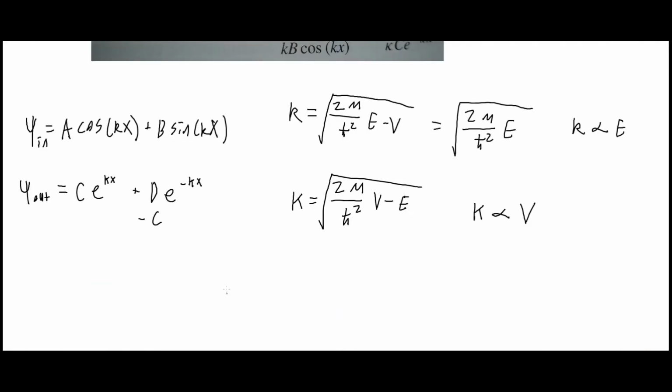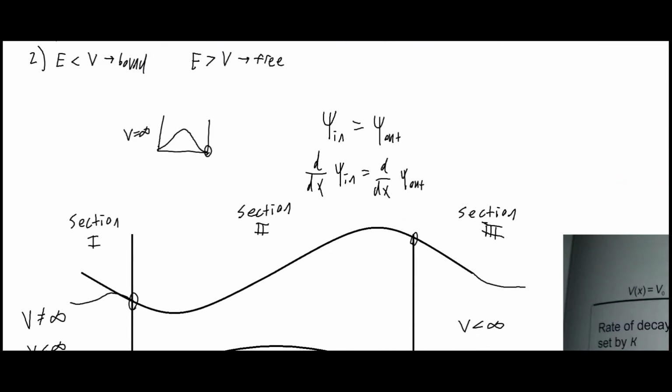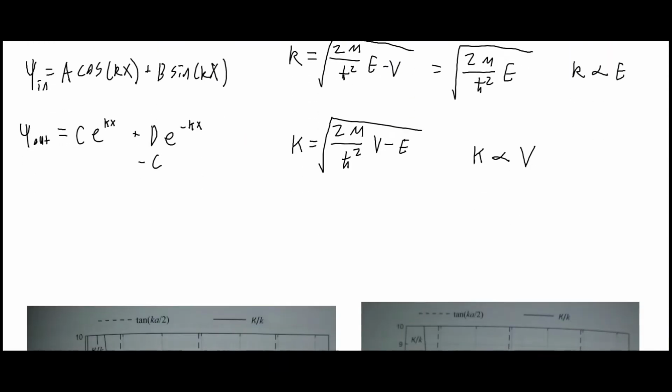And so, as I said, we wanted it to be the case that psi inside and psi outside are equal, and the first derivative of psi inside and psi outside are equal at the boundary.